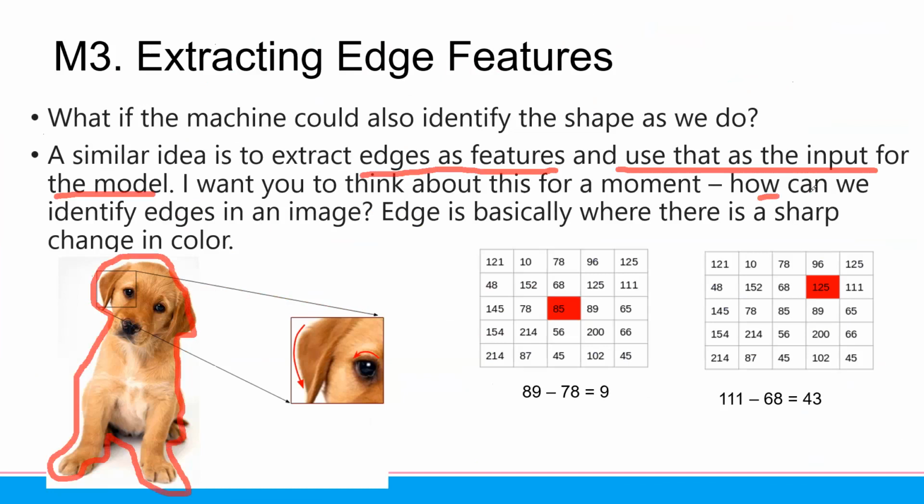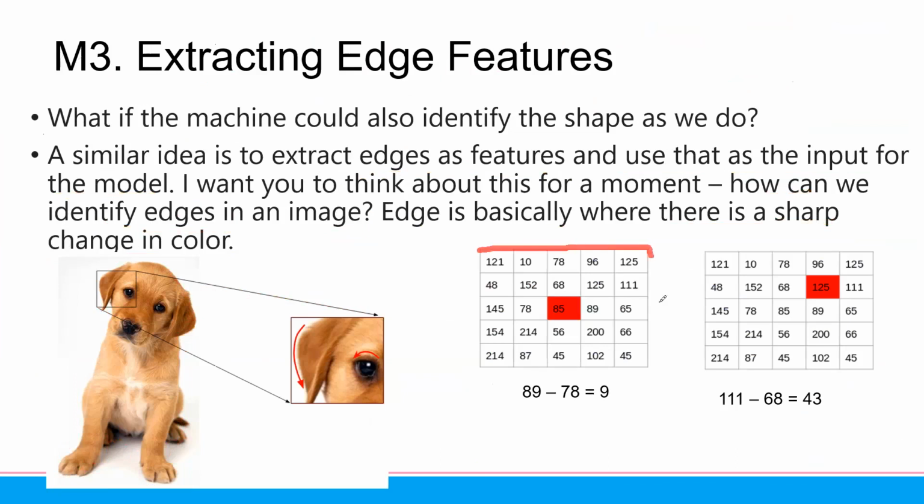But how can we identify edges in an image? Basically, there is a sharp change in the color. What does it mean? Let's say this matrix is this one, this I. I would like to check the changes.